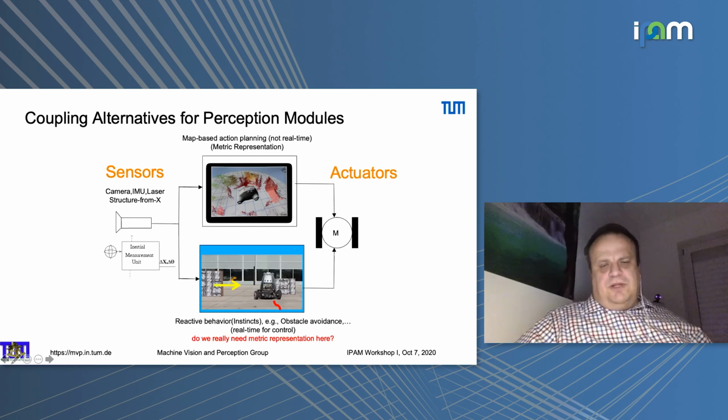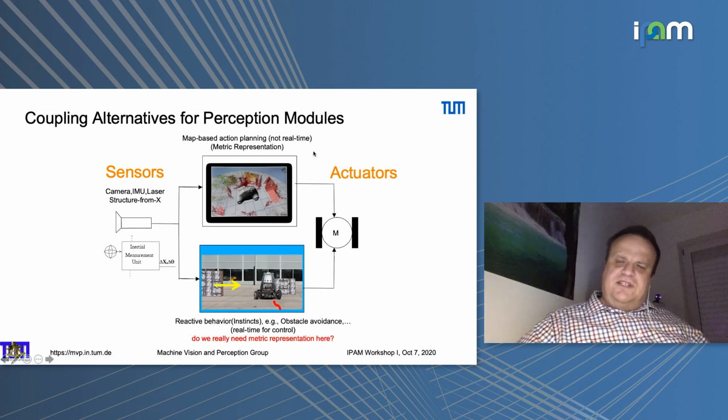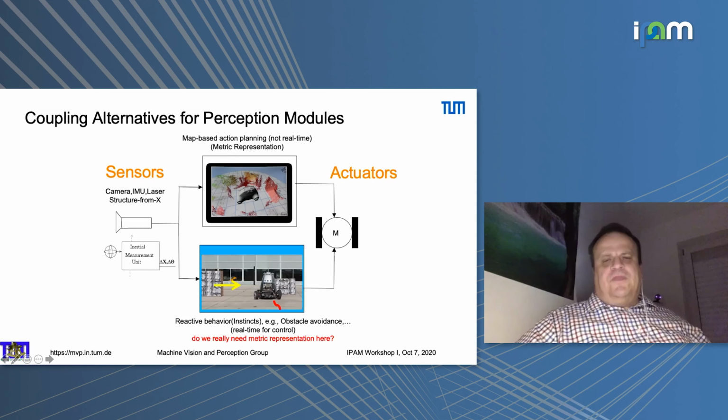And in my opinion, we have 2 ways how to connect these 2 sides to each other. What most people do, just because it's easier for humans to understand what's going on, is to abstract the sensor information to 3D and use the 3D information for planning, for mapping, for logging information. And from these maps, actions to the actuators are derived.